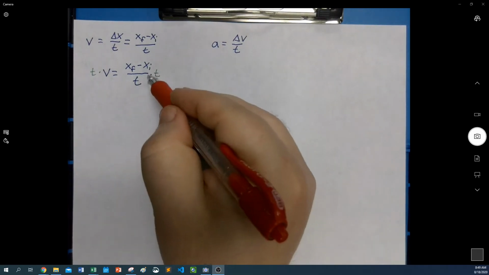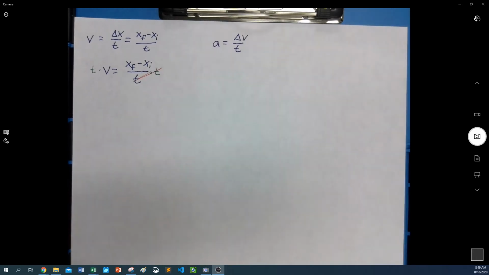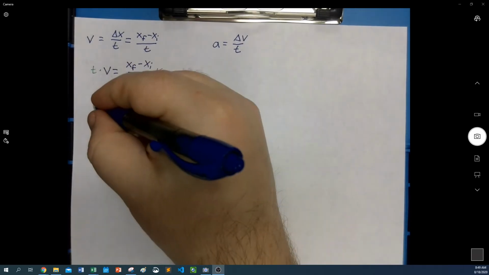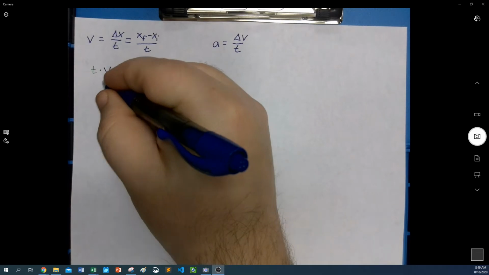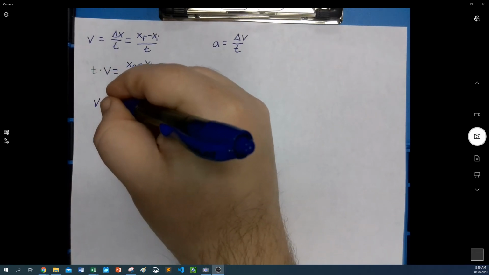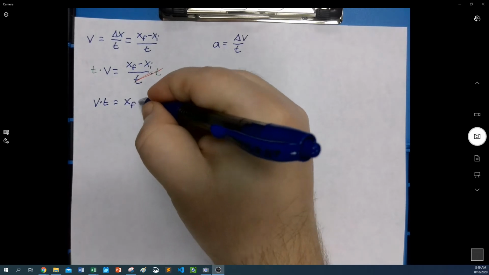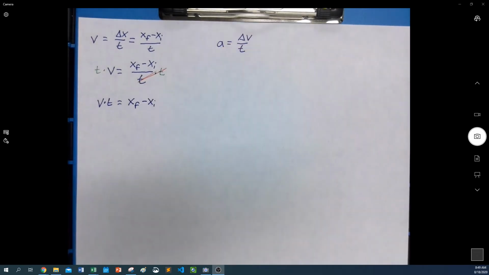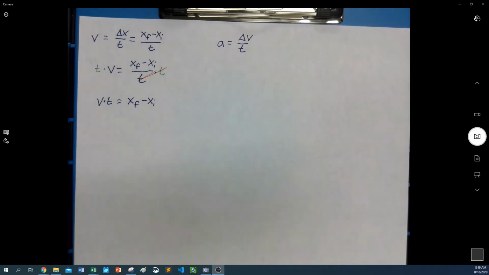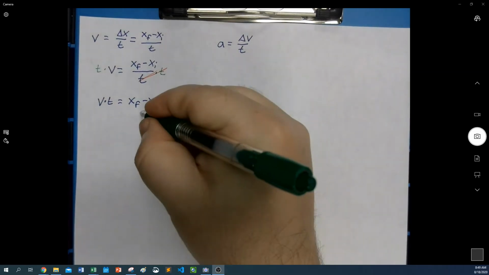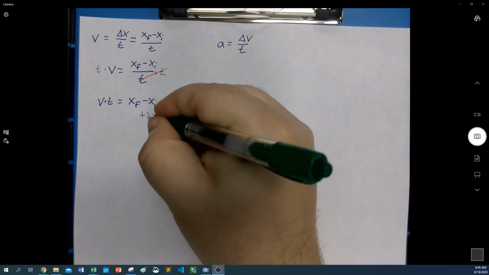Times t divided by t cancels out, leaving us with, I'm going to switch this around, vt is equal to xf minus xi, just some basic algebra. Then I'm going to add xi to both sides.